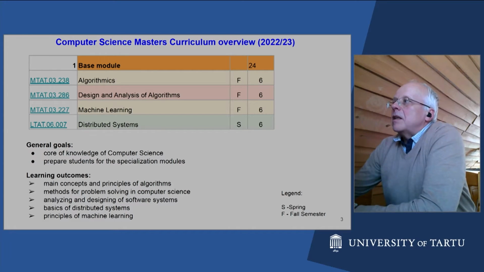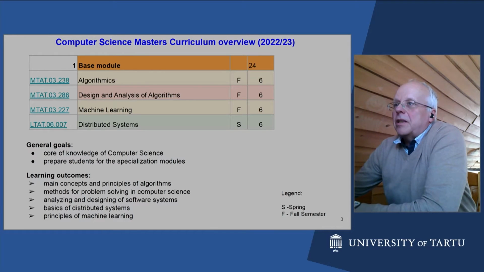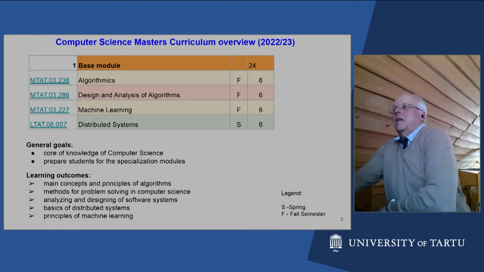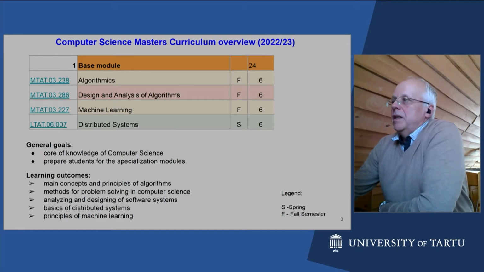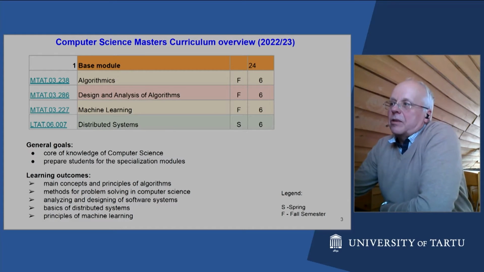Then design and analysis of algorithms is about the theoretical informatics part. Machine learning is for the artificial intelligence specialization, and distributed systems is the introduction to the distributed systems specialization.